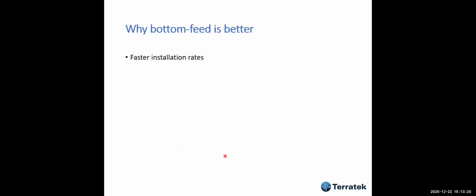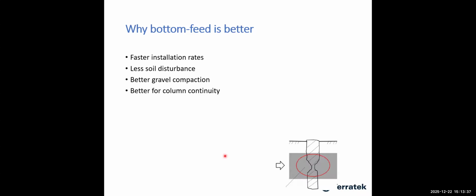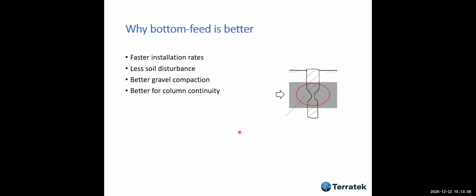Why is bottom feed better? Because of fast installation rates, less soil disturbance, much better gravel compaction, and better column continuity. We don't have too many defects, and we avoid this.